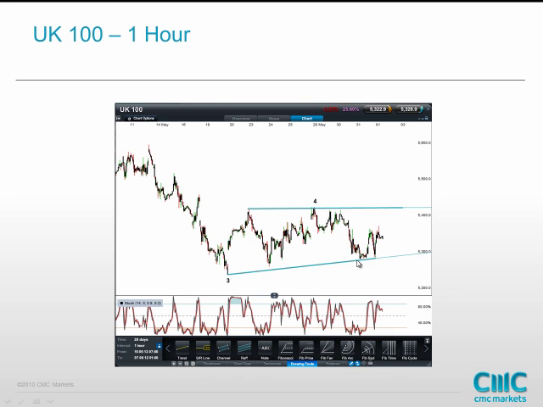So the idea here would be for a swing trader to sell on a break through the support zone, provided that the stochastics on the daily chart were by that time trending down at the time you were looking at entering.